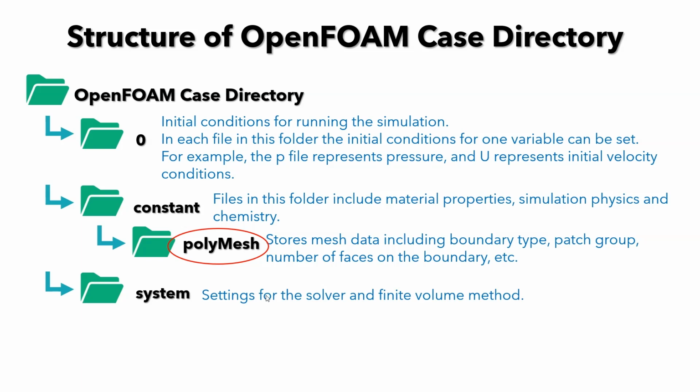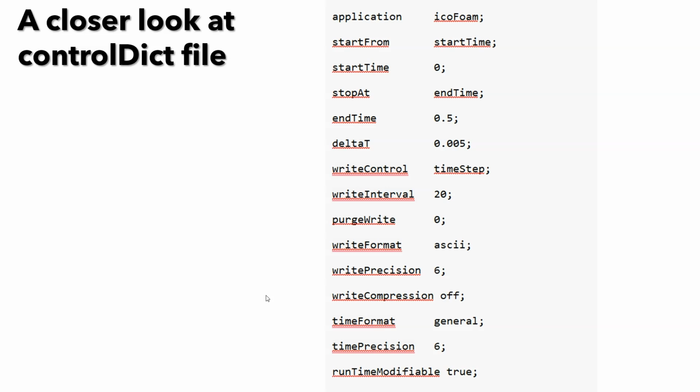The last folder is the system folder, which contains settings for the solver and finite volume method. The controlDict file contains runtime simulation controls, such as start time, stop time, time step, and result saving frequency, etc. Let's open the controlDict file and have a closer look. The application is icoFoam, which is the solver that will be used.